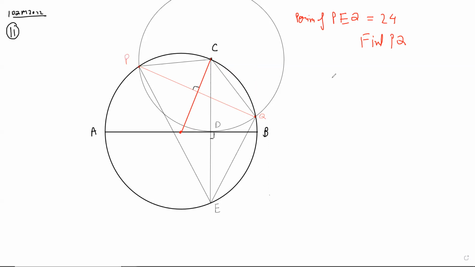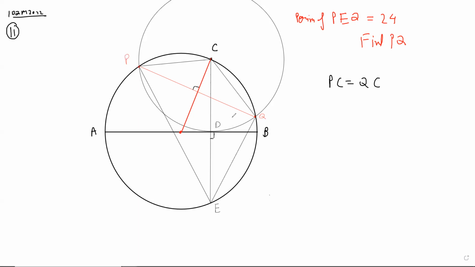Okay, this PC and QC, they are equal, right? And once you know PQ, you actually know PC and CQ. You can maybe assume the radius to be something and work from there.